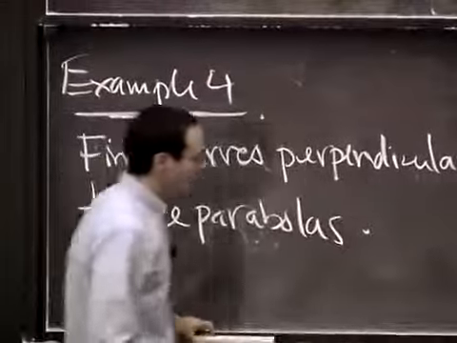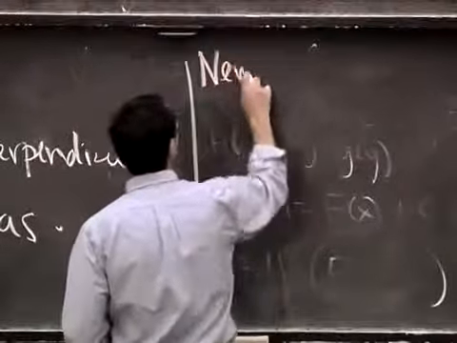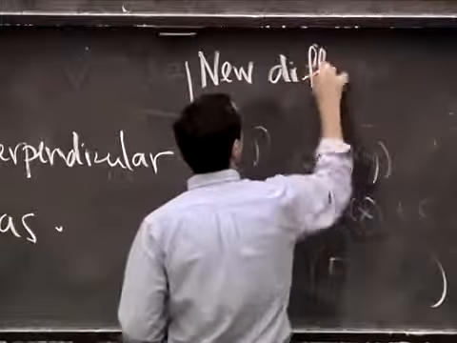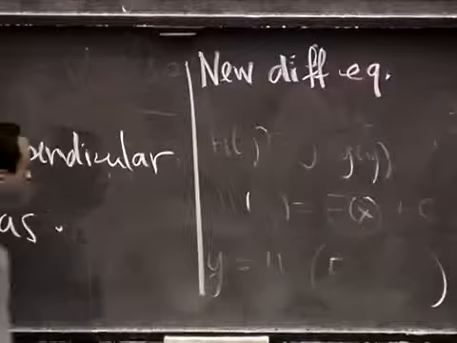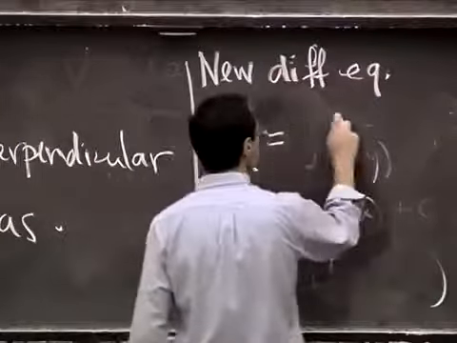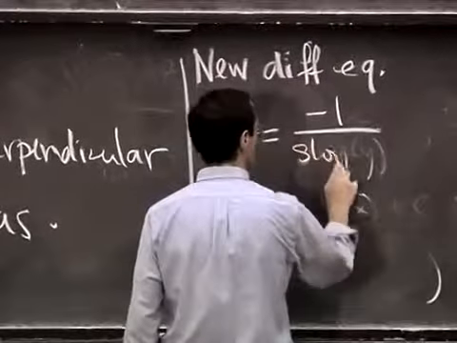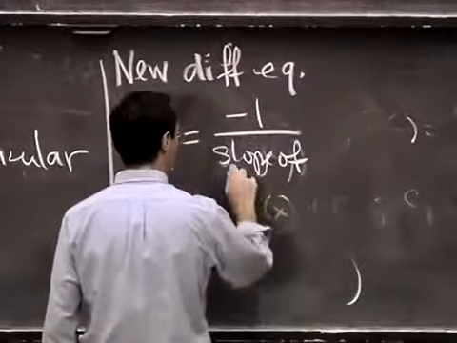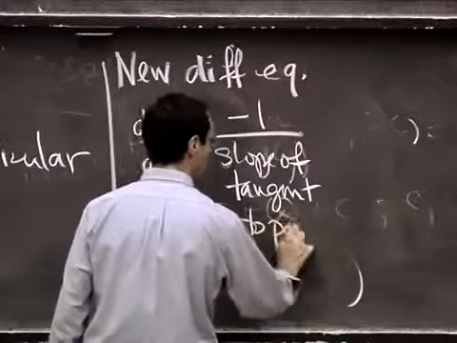So let's think about that. What's the new equation? The new differential equation is the following. It's that the slope is equal to the negative reciprocal of the slope of the tangent line to the parabola.